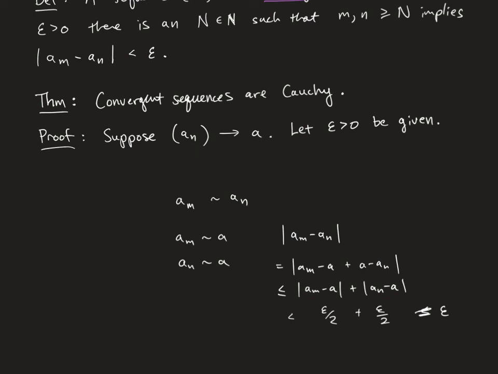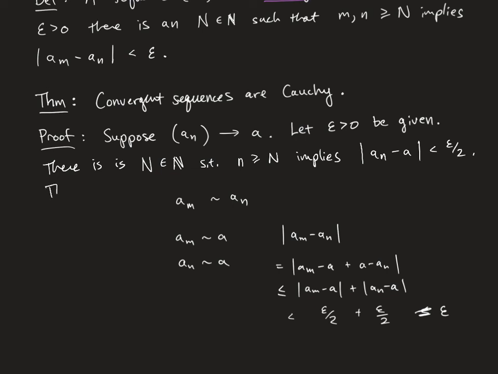In other words, because we have convergence, I just need to go out so far in the sequence that the a_n's are less than epsilon over 2 away from A. So by the convergence, there is a big N in the natural numbers such that when n is bigger than or equal to that N, that implies the distance between a_n and A is less than epsilon over 2.